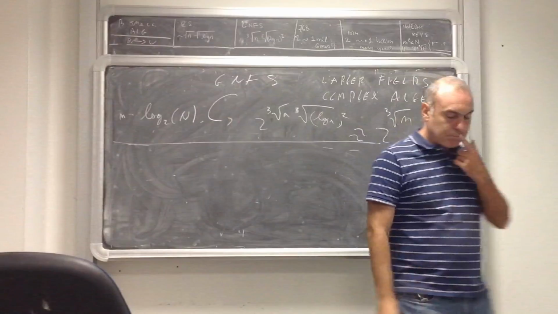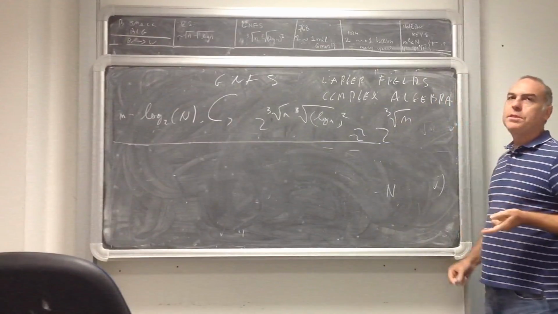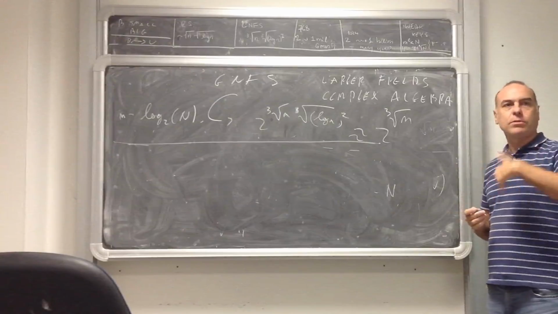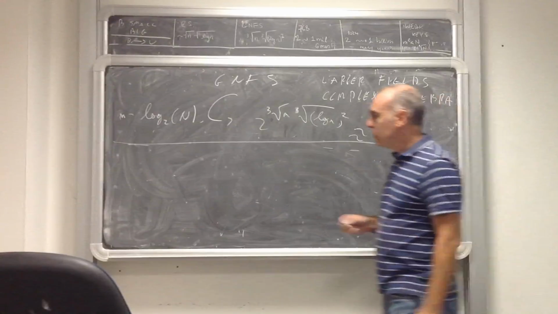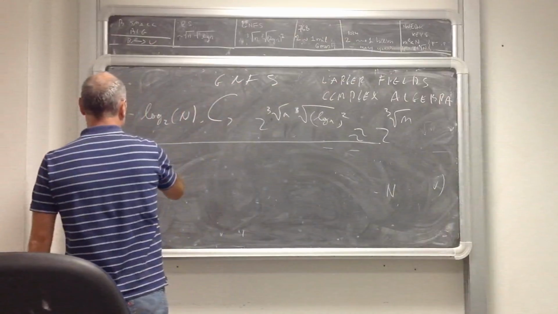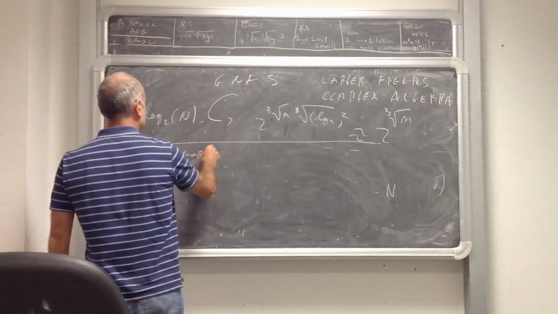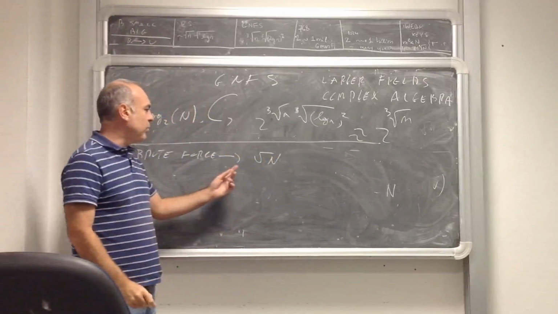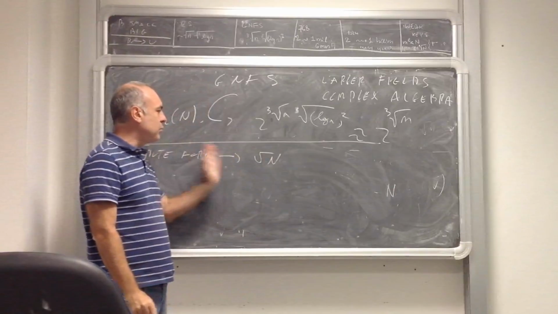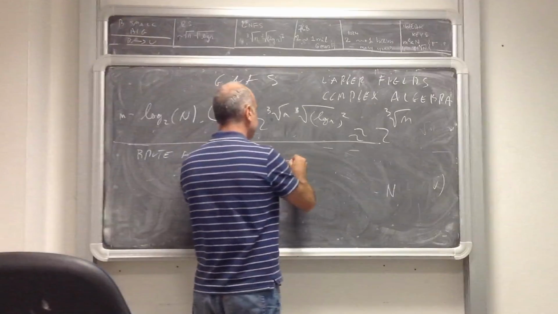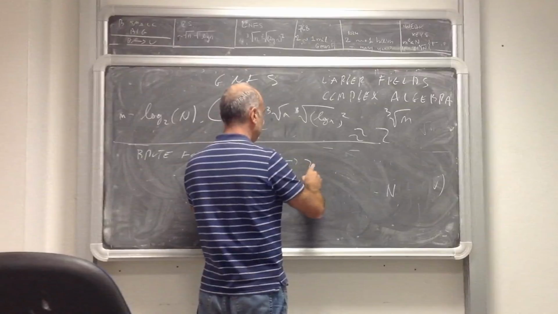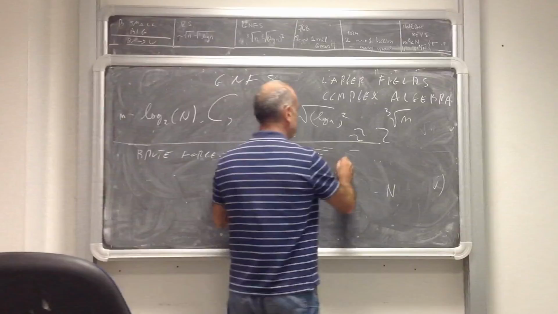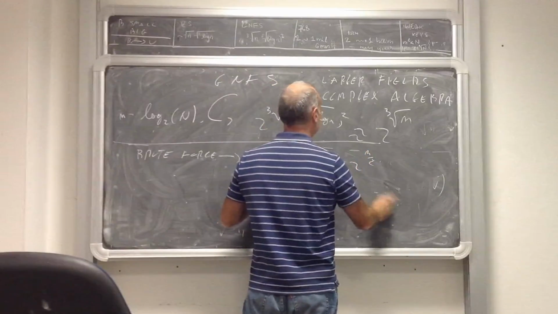So, what is the complexity of the brute force approach? Try every possible factor up to the square root of N. So brute force cost: you try all factors of N, all numbers up to the square root of N. And this is 2 to the n over 2.